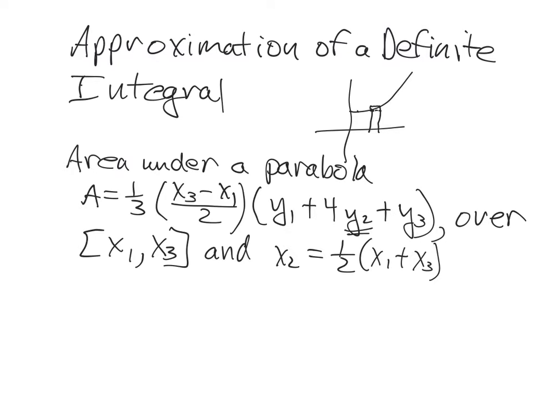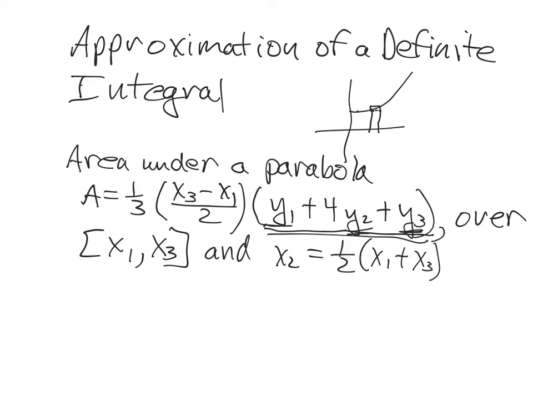Any of you seen that before? No, I had never done that either until I started teaching this particular rule. But notice that we're dealing with 3 different y values, and the first one and the last one are both just one of those, but the middle one is 4 times that y value.